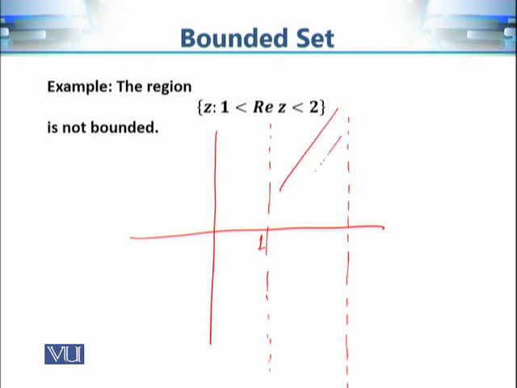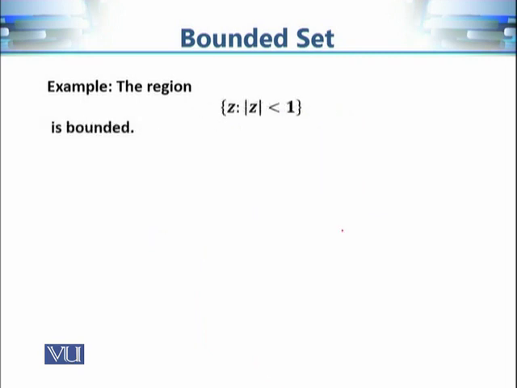So that's why I'm taking this dotted line. So this is our region. And we can easily see that this region cannot be enclosed inside a closed disk. So that's why this region is not bounded. And if we consider this open disk, then definitely this open disk is a bounded set.